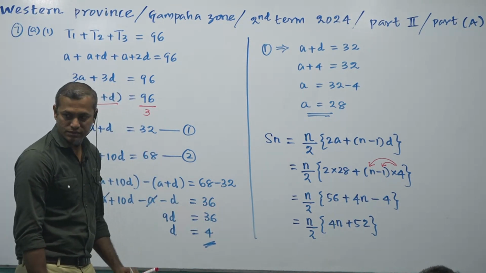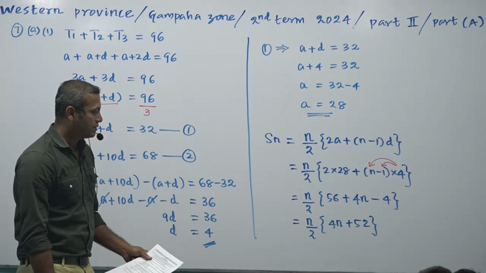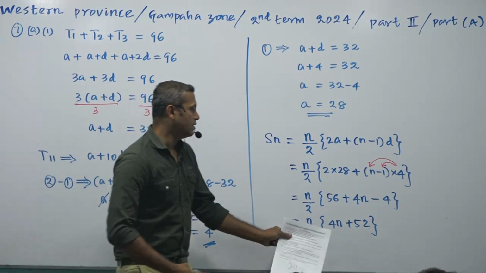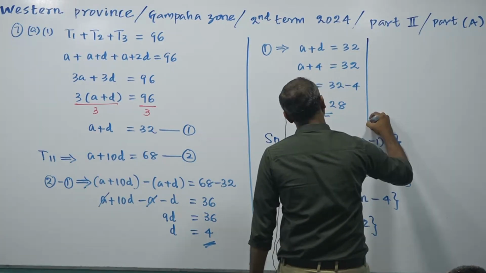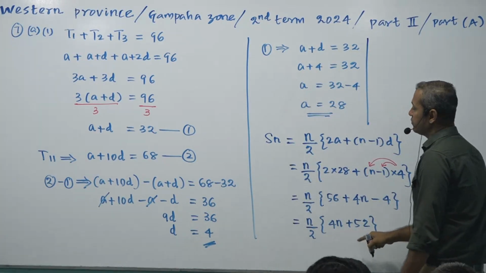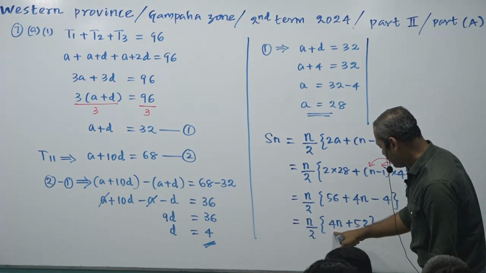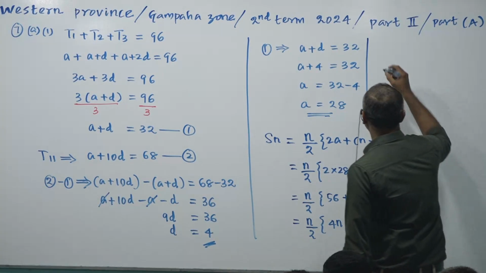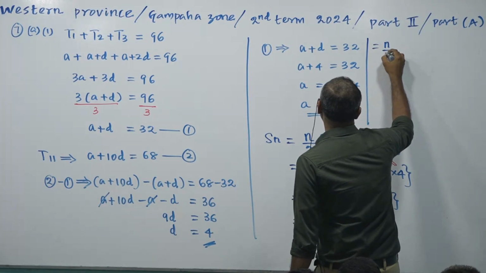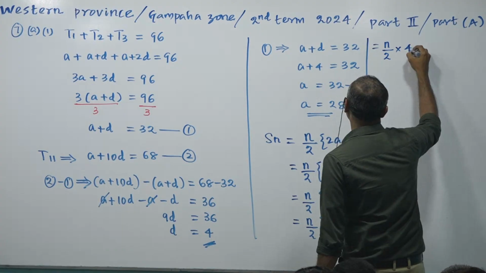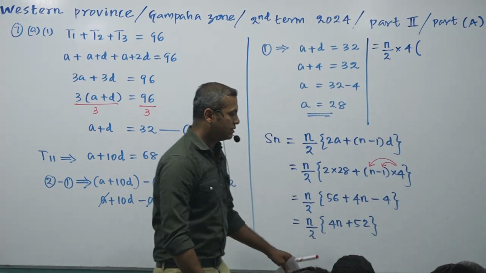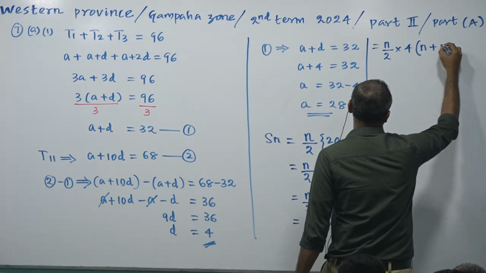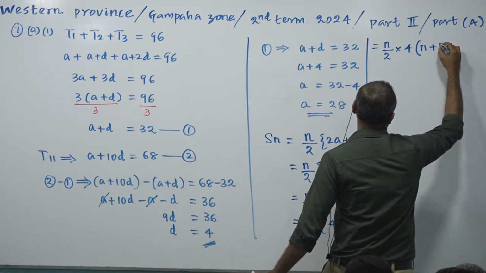What you have to do now? Take the common factor out. What is common inside the bracket? 4 is a factor for 4n and 52, no? So you can take 4 out. Then n divided by 2 into 4, take 4 out, what will remain inside? n plus 13, no?